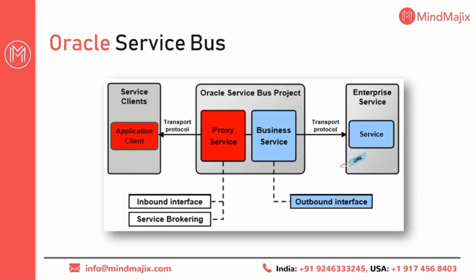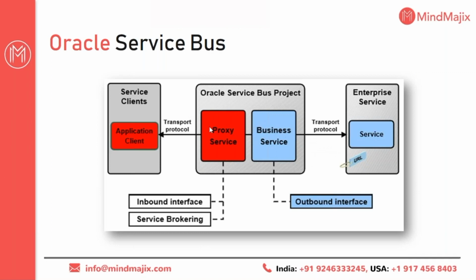Coming to Oracle Service Bus, I was stating that we have particular components which will help us. One is the proxy service, which we always provide to the client, and the other is the business service, which we always provide to the source and target systems.